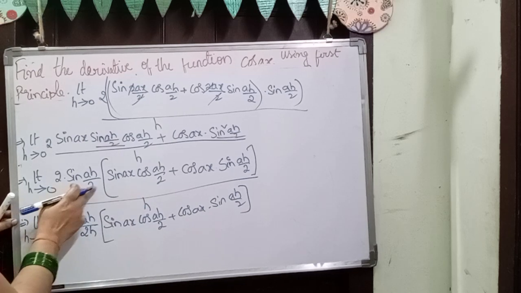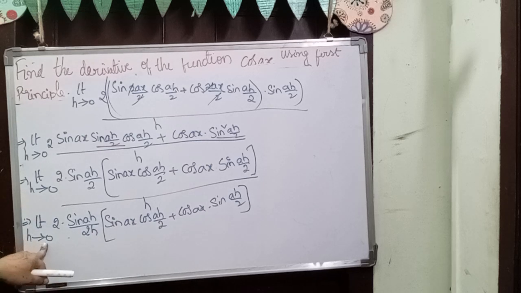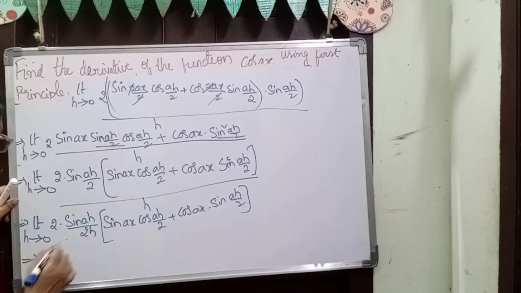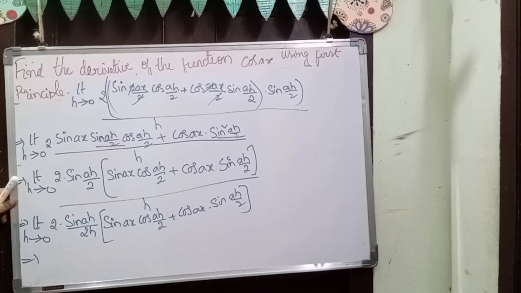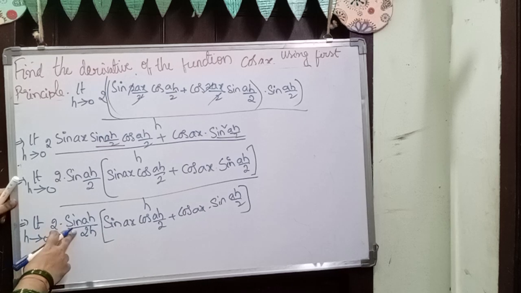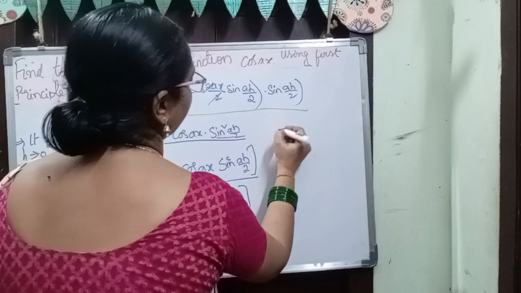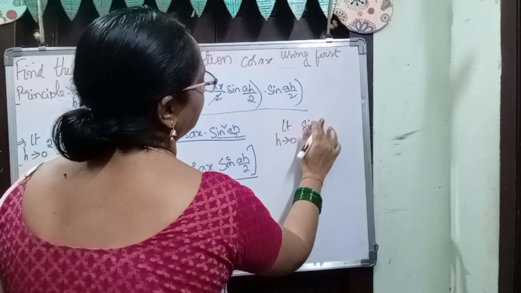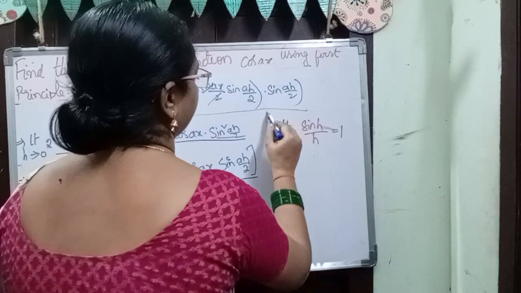This h came here because you can do it only this way. Before, we found limit h tends to 0, sin h by h is equal to 1.